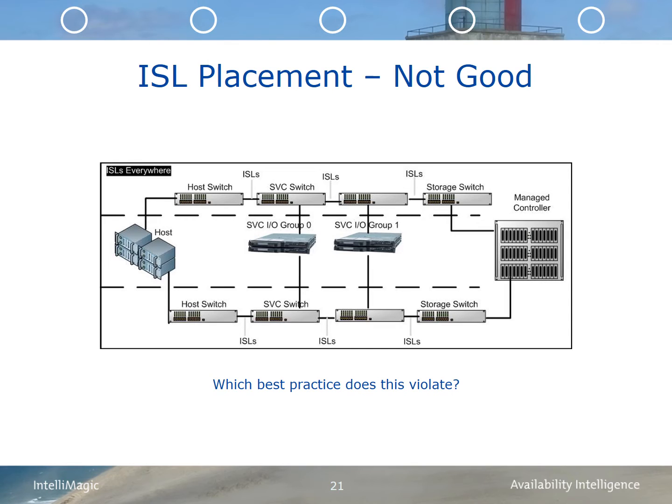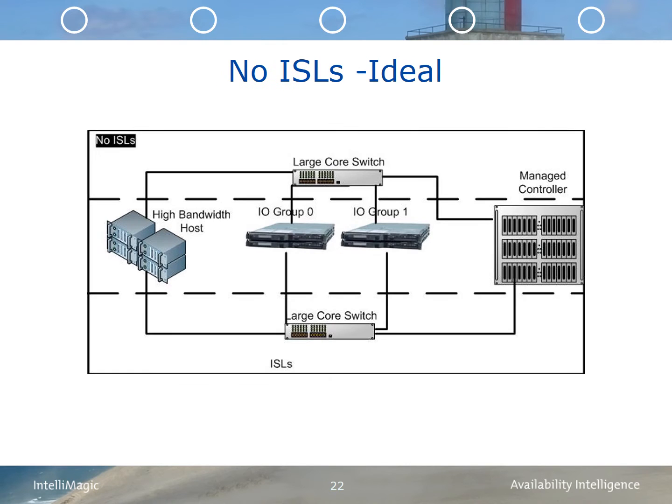It's much better to have the storage systems on the same switch as the SVC. In this example, we show what it would look like in an ideal situation where you would have a large core switch on each of the fabrics and have the SVC, the storage, and any high bandwidth hosts connected directly to the same switch that the SVC and the storage are.